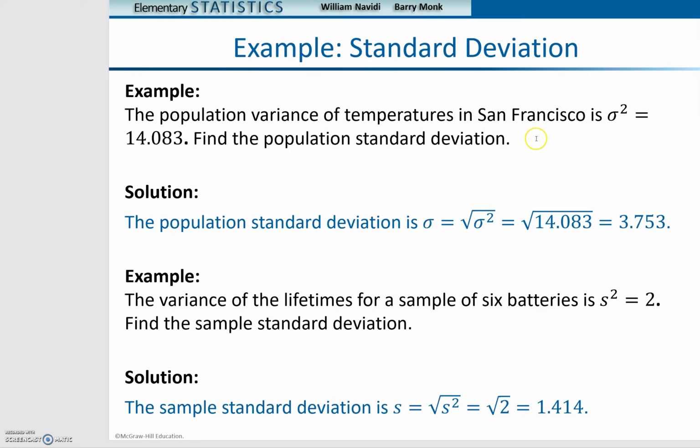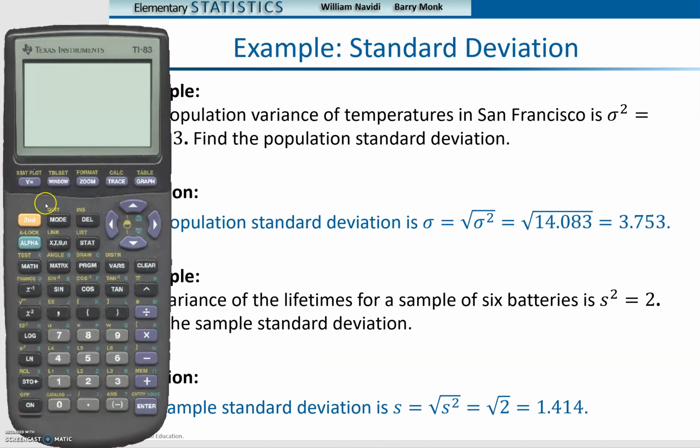So on the other example with the sigma squared, to get the 14.083, you need to take the square root of that. So to take the square root of the 14.083, I would do 14.083. This is the square root button, so I have to put that in first. Depending upon what kind of calculator you have, you either put it in first or second.